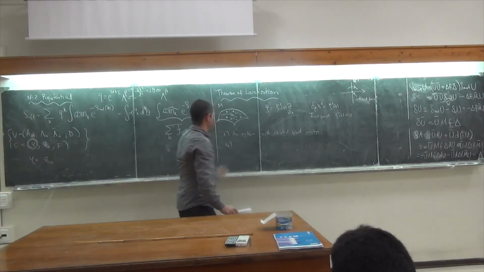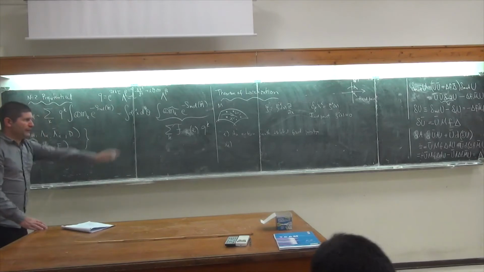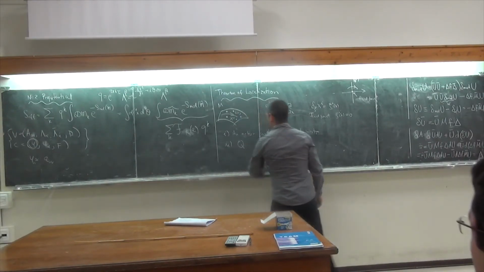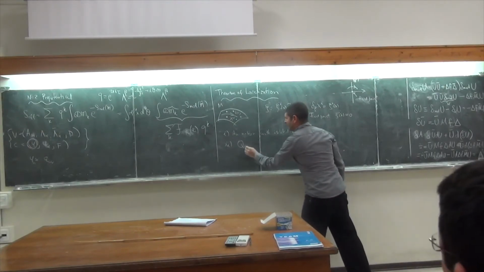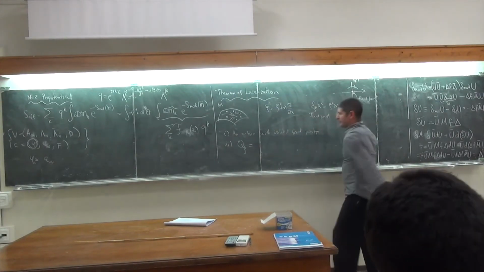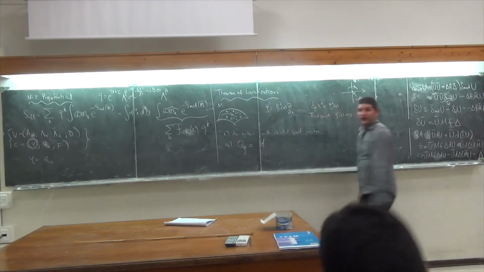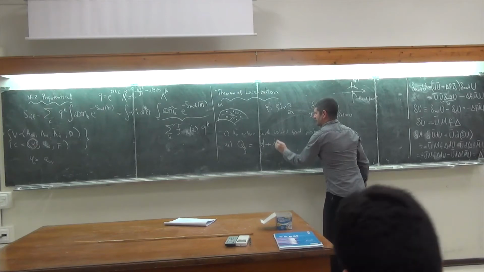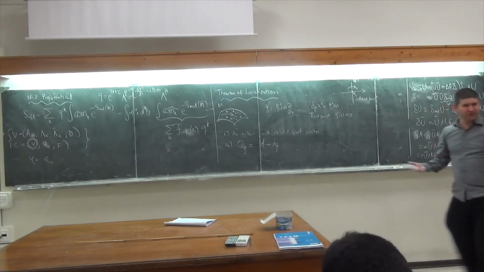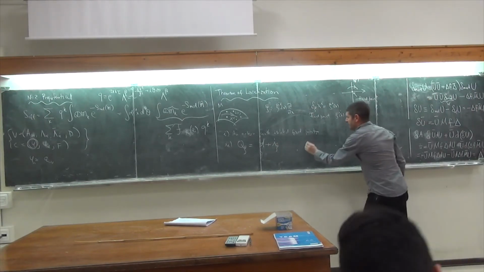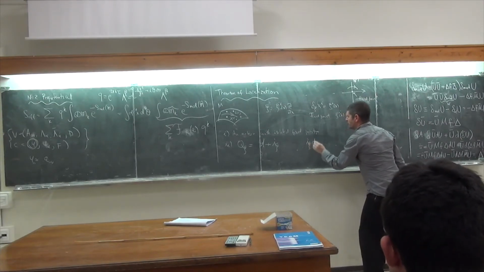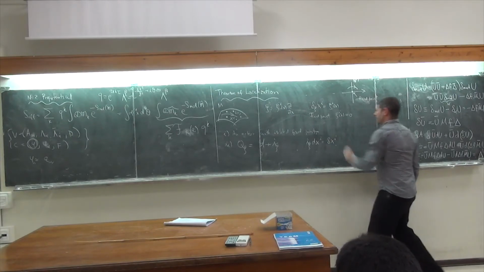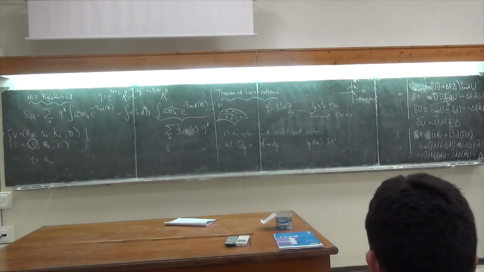The second thing I need: if I have an action of this type, I can construct something which I will call Q, the equivariant derivative, which is just the standard differential on the manifold plus a contraction. What is a contraction? I define the contraction of a form simply by the variation. This is my definition.